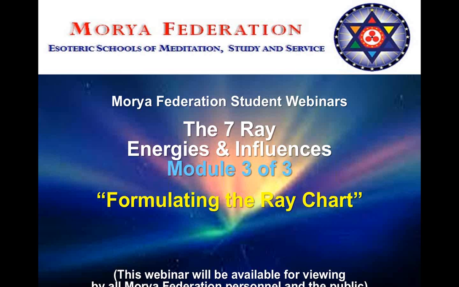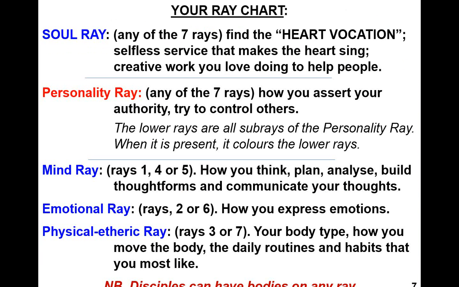And so just to recap, as we know, the 7 rays are the 7 basic energies of the universe, and they stream out through the whole universe, and every form is colored by one or a combination of these rays. And so in our psychology they make us what we are.